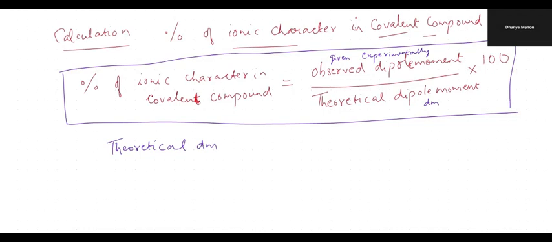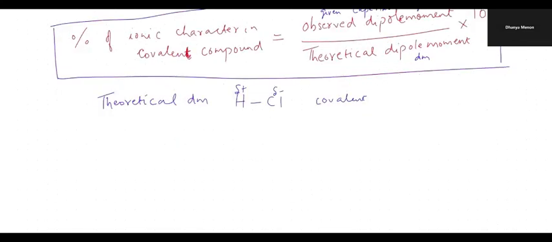Take the dipole moment of, suppose, HCl. HCl, you know, is a covalent compound. Chlorine will develop a slight negative charge and hydrogen will develop a slight positive charge. But we consider that hydrogen chloride is an ionic molecule, and chlorine will get a -1 charge and hydrogen will get a +1 charge.